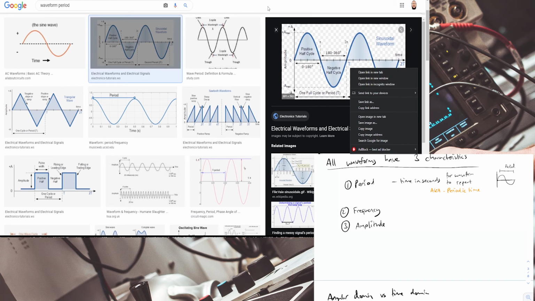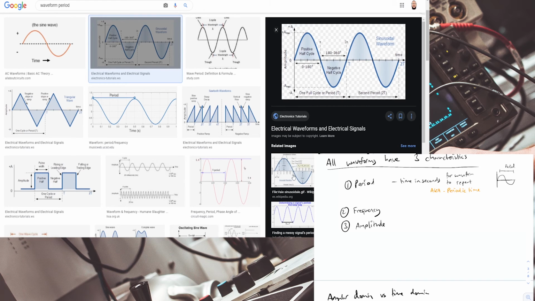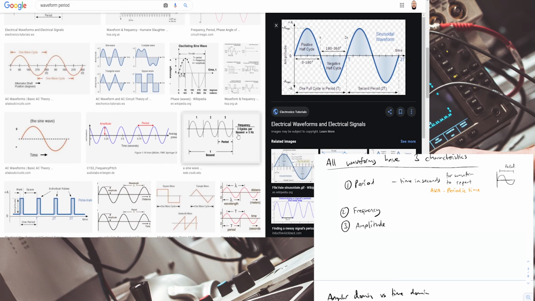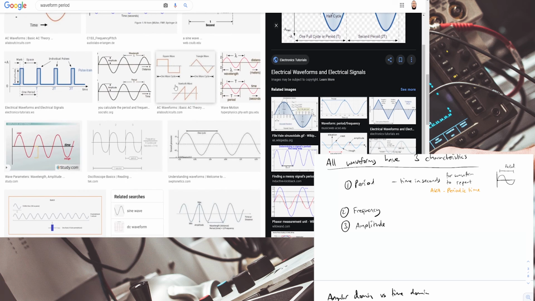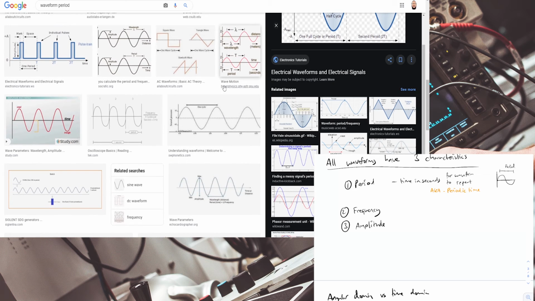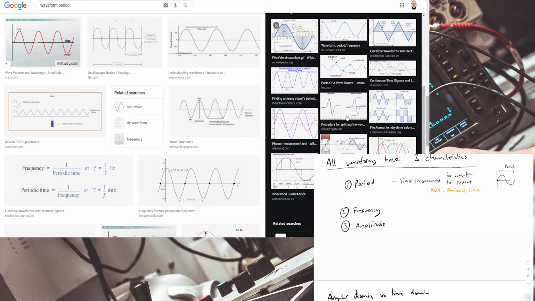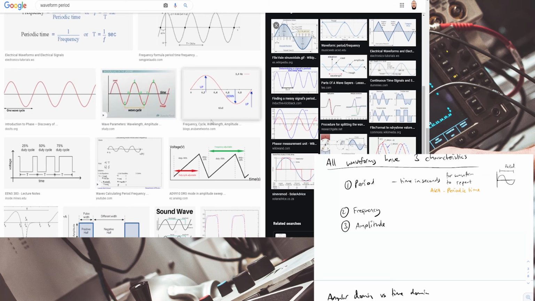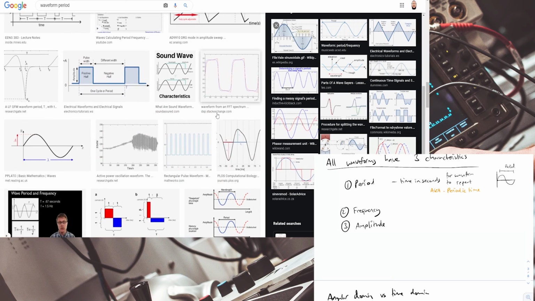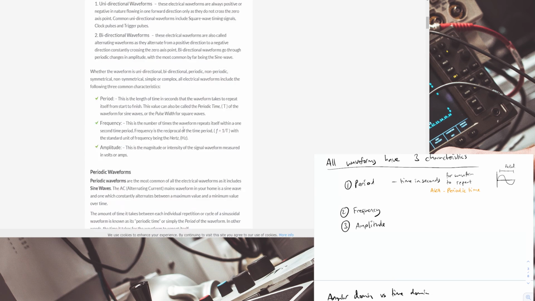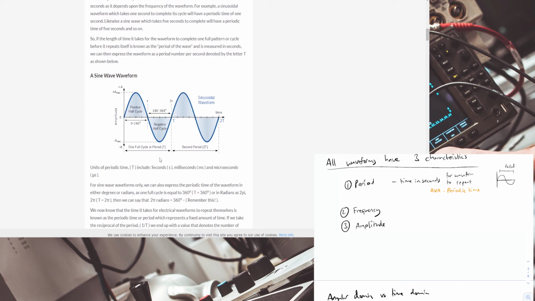Okay, that's what I was after. I would like a clear one so that when I'm revising, because you know when you're revising, you just want something clean and simple. Too much on the image or whatever. Again, sometimes I spend way too long looking for the correct picture. Yeah, is there one full cycle or period?